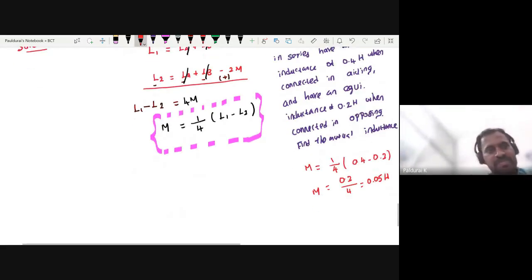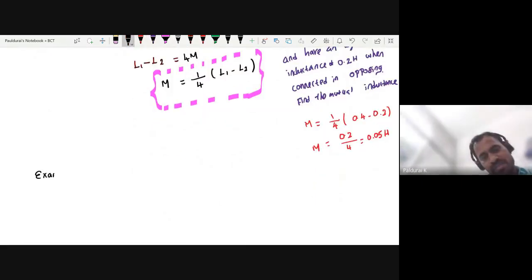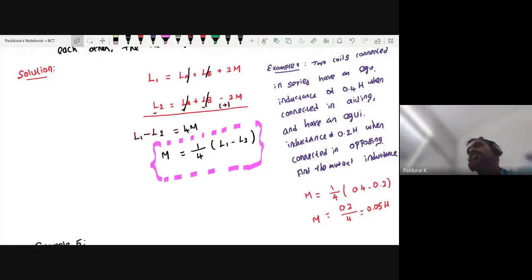Okay. So take another example. Example 5. Third and fourth problem, understood? Need some time to copy.